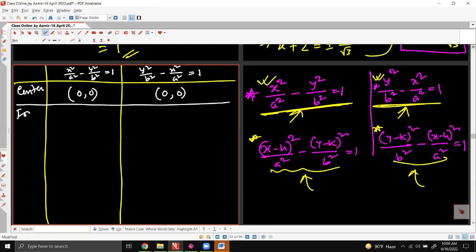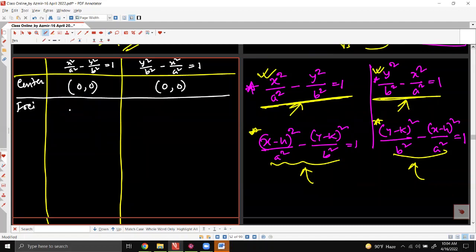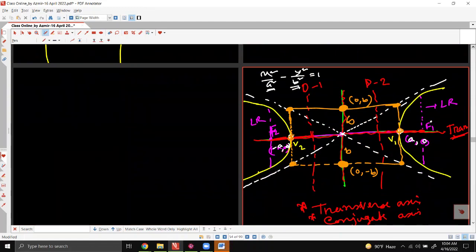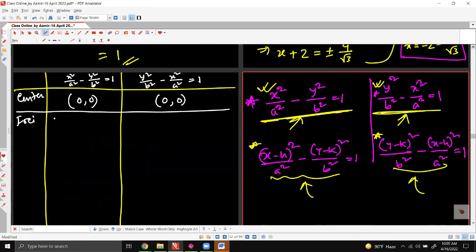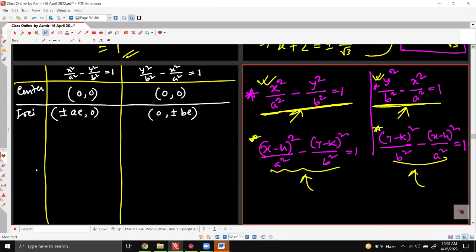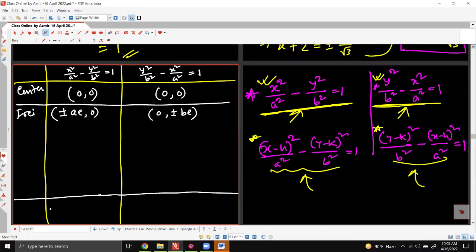Then foci, there are two focus here, focus 1, focus 2. So foci will be plus minus ae comma 0, and for this one it will be 0 comma plus minus be. That means just same as ellipse, but the only difference that we have here, the difference is in the eccentricity.